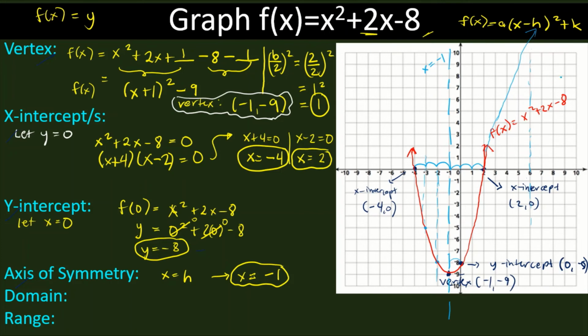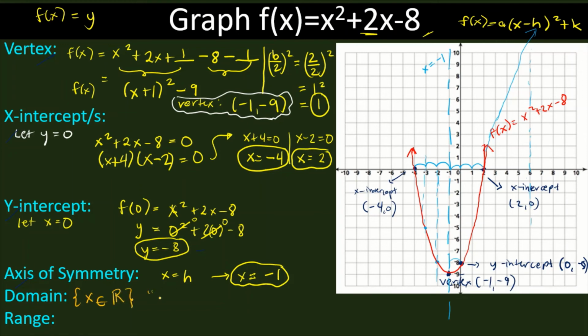Okay, so ano ibig sabihin nun? Ibig sabihin nun, lahat ng values ng x ay sasakop ng ating parabola. Since lahat ng numbers sa x-axis ay sakop ng ating parabola, therefore, our domain is x is the element of all real numbers.